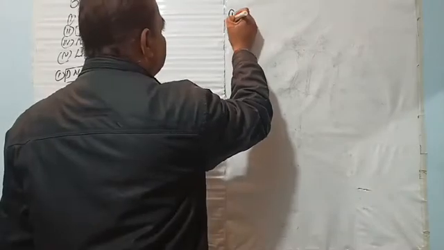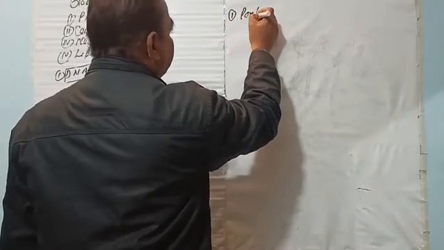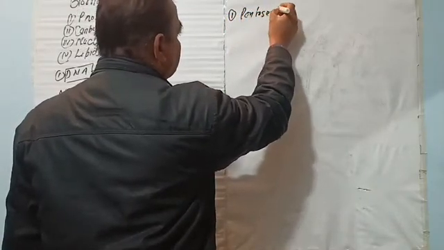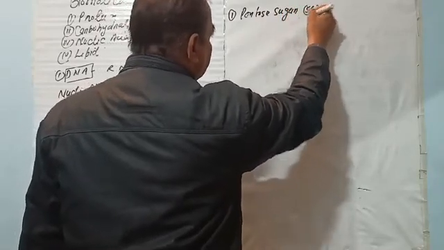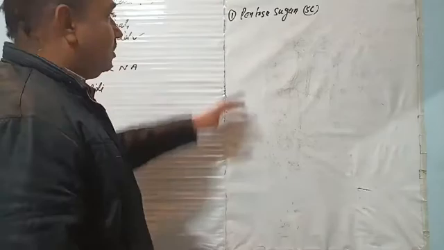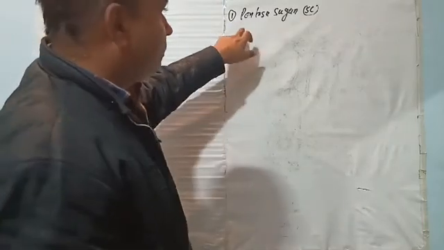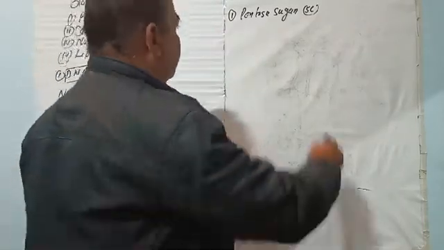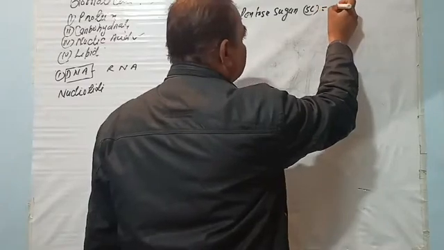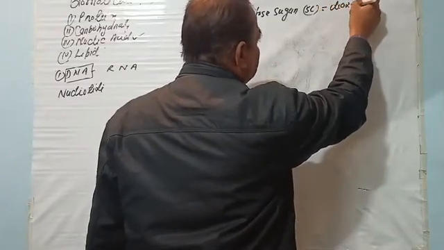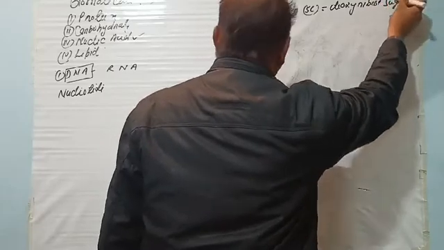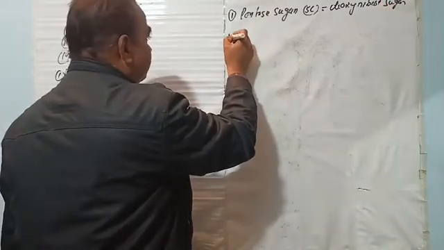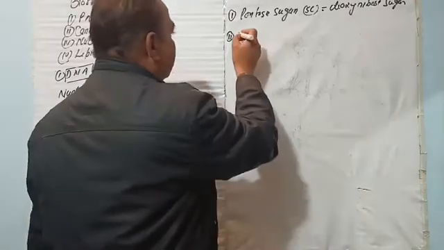First is a pentose sugar, meaning a 5 carbon molecule. This is the ring structure, and in the case of DNA, the pentose sugar is a deoxyribose sugar.